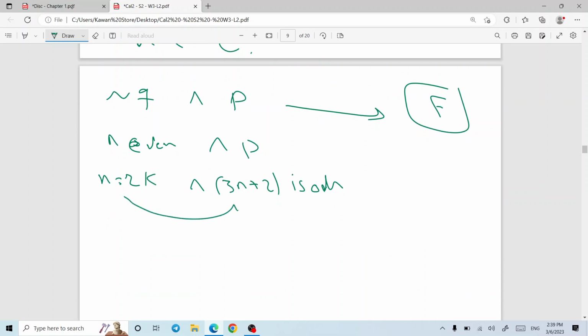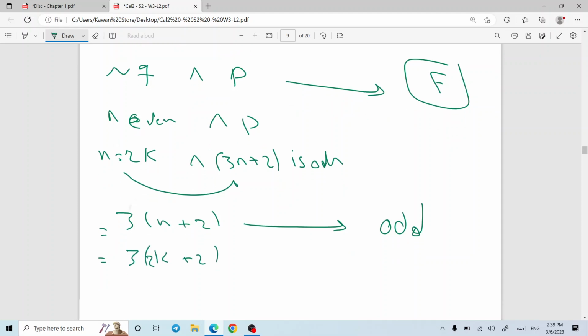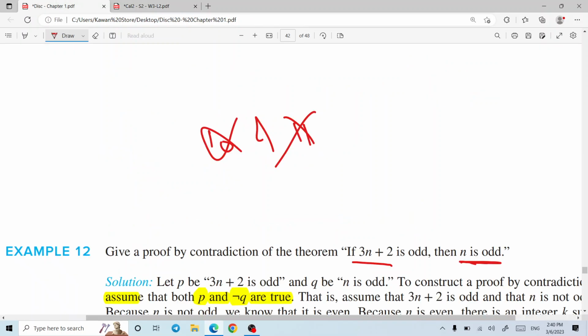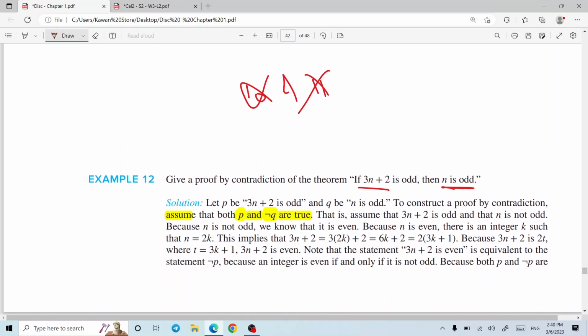Then I'm going to use here, I say 3n plus 2, and instead of giving me odd, if I put it in, I'll get even. That's why contradiction. Did you understand? Dears? Hello? Okay. So everything is clear here.